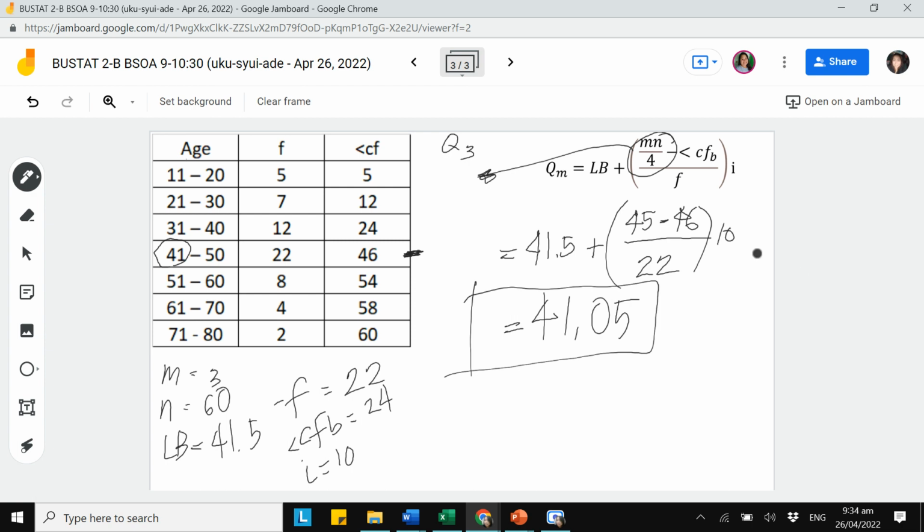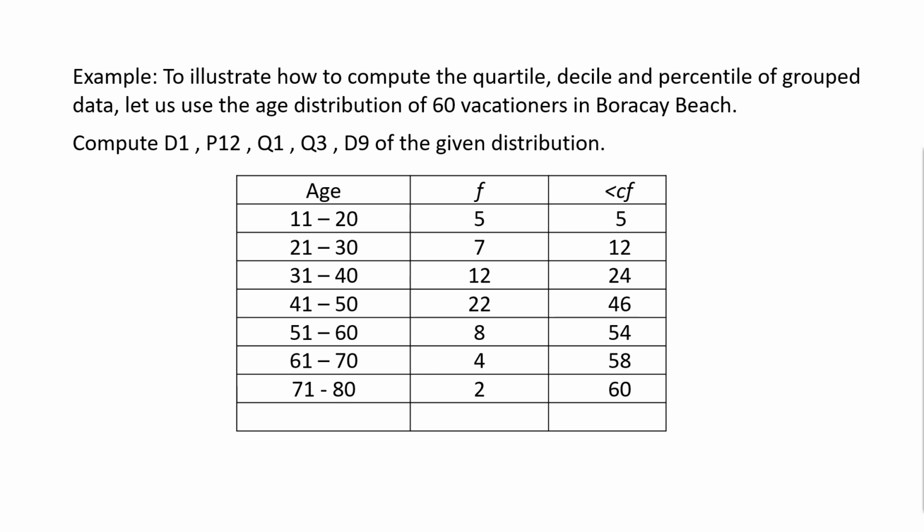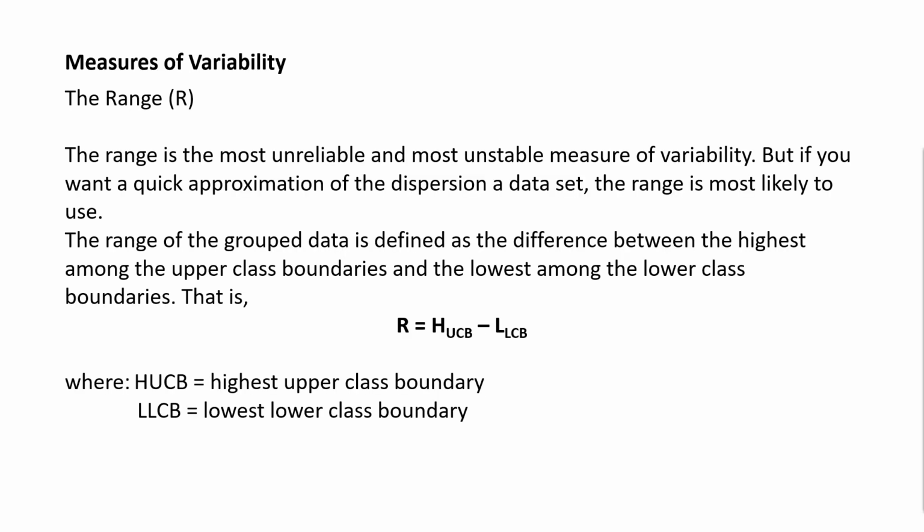So also included in our PowerPoint is about the variances, and also the calculation for boundaries. Now, the next one we're going to be talking about is range. We all know the range is the difference between the highest and the lowest value. But this time, for grouped values, we're going to be talking about boundaries.